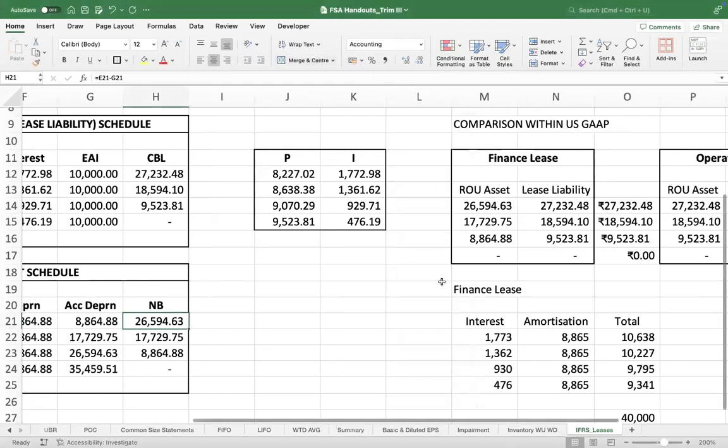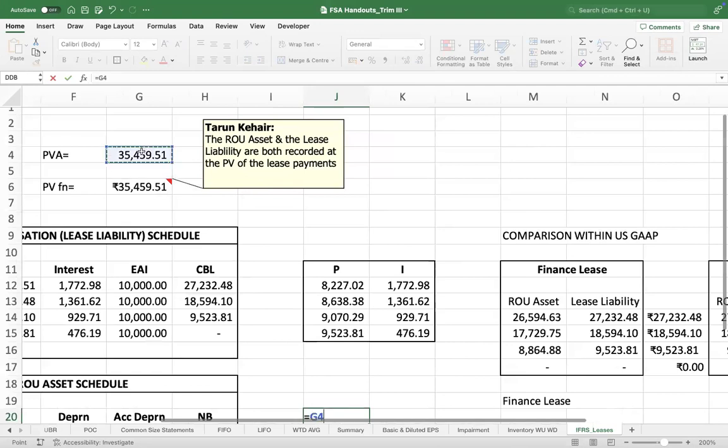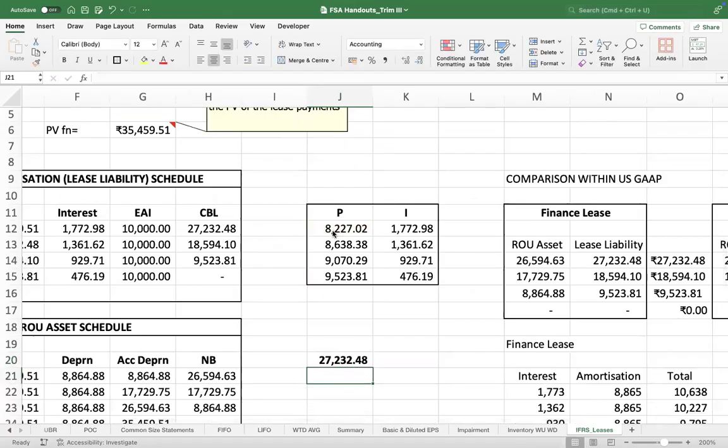बहुत सिंपल सी बात है, ये देखो. अगर मैं, प्लीज लुक हियर, फ्रॉम माय आरओयू एसेट वैल्यू, अगर मैं सिर्फ प्रिंसिपल पेमेंट को माइनस करता हूं फर्स्ट ईयर में, तो कितनी वैल्यू आनी चाहिए? 27,232 minus principal. ये वही वैल्यू है यहाँ पे जो है. Yes, sir.